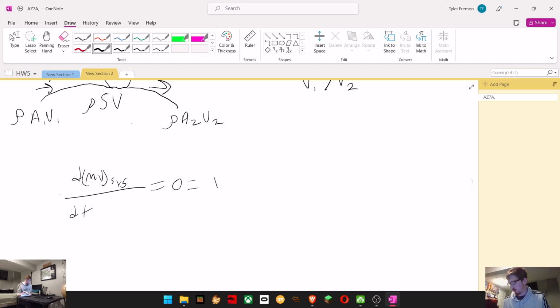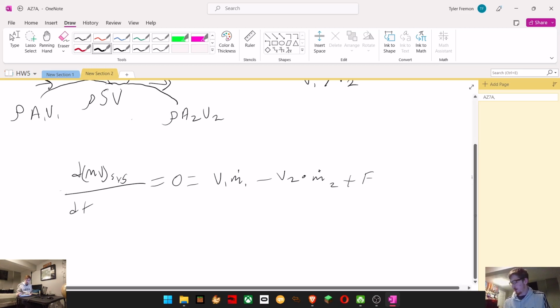And that's going to be equal to the change in velocity. Let me rewrite this. V1 times mass flow rate 1 minus V2 times mass flow rate 2 plus the force exerted on the system. And we can rewrite this because we know that mass flow rate 1 is the same as mass flow rate 2.